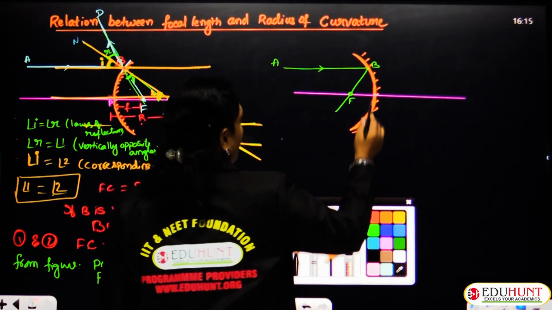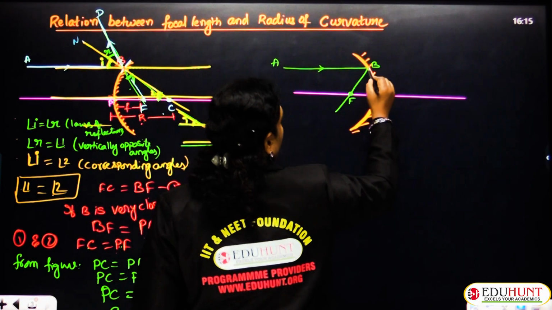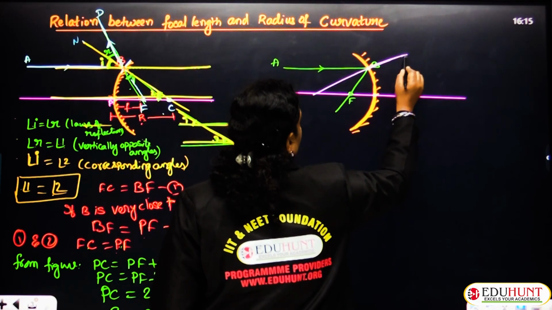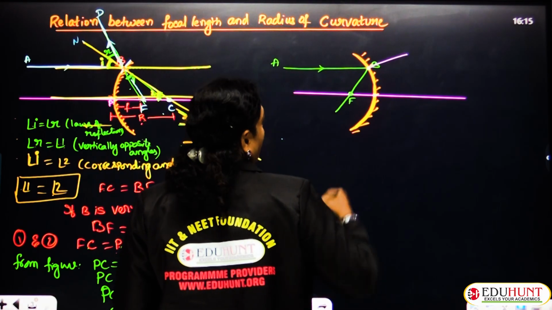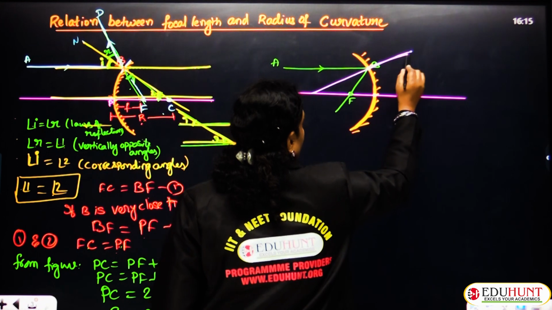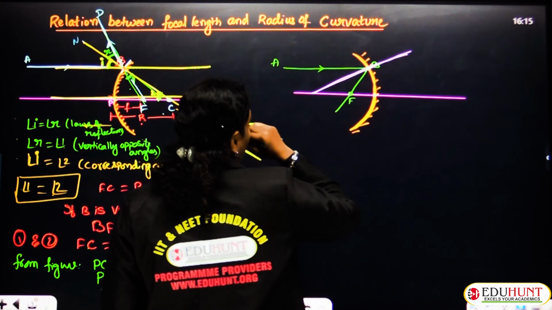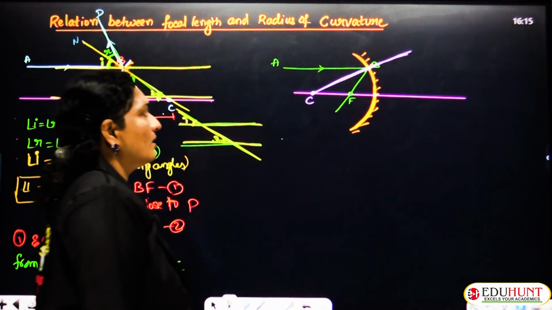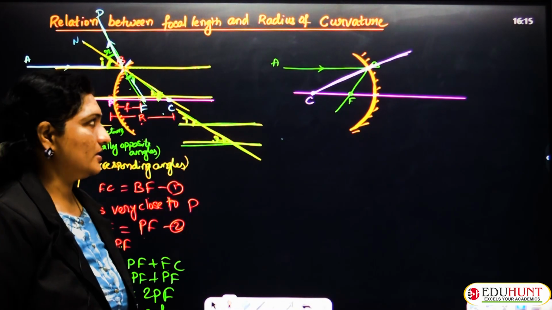Imagine a normal drawn to this mirror. Whenever a normal is drawn to this mirror, the normal meets the principal axis at a point called the center of curvature.